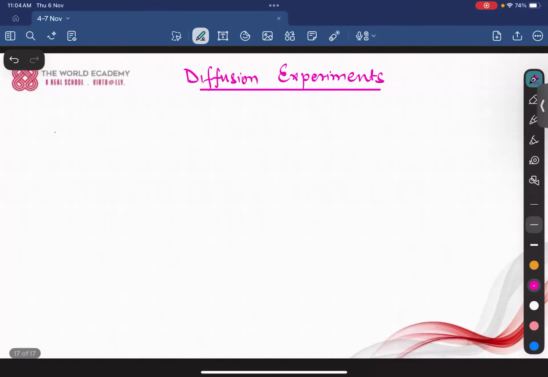We have one crystal of potassium permanganate. The color is a very deep purple, I could say.